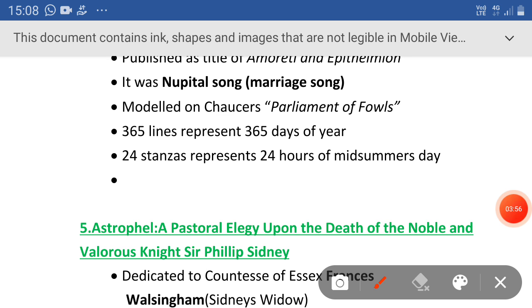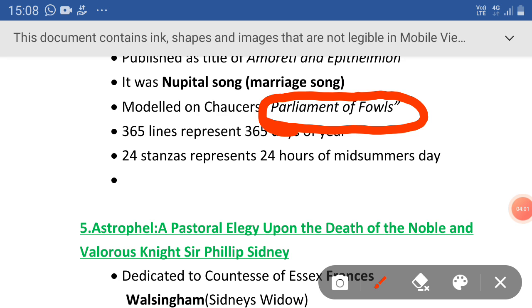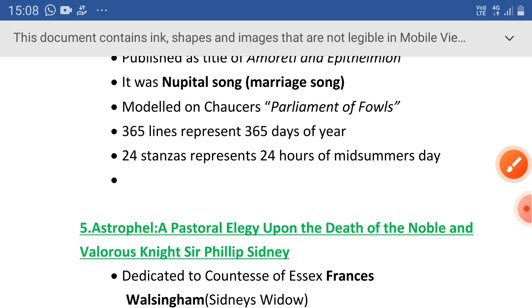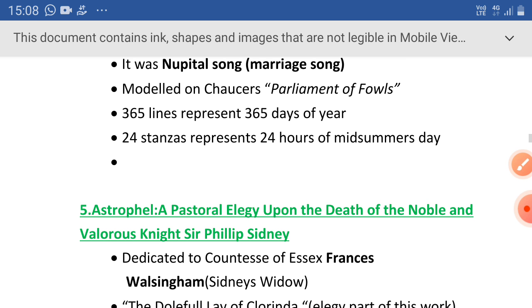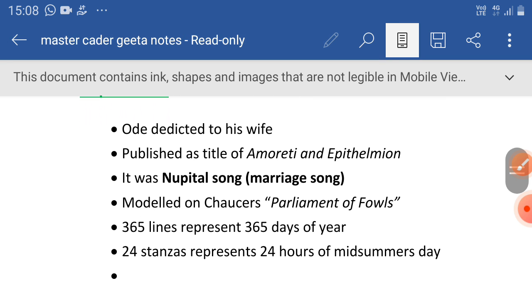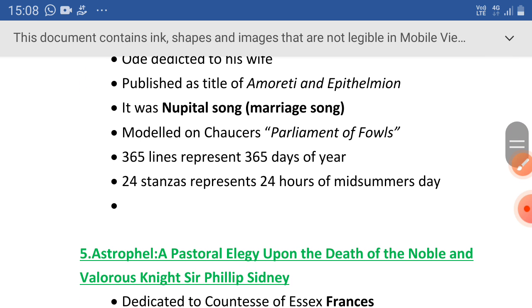Then this is modeled on Chaucer's Parliament of Fowls. Chaucer wrote a work, Parliament of Fowls, and this work of Spenser was modeled on it.